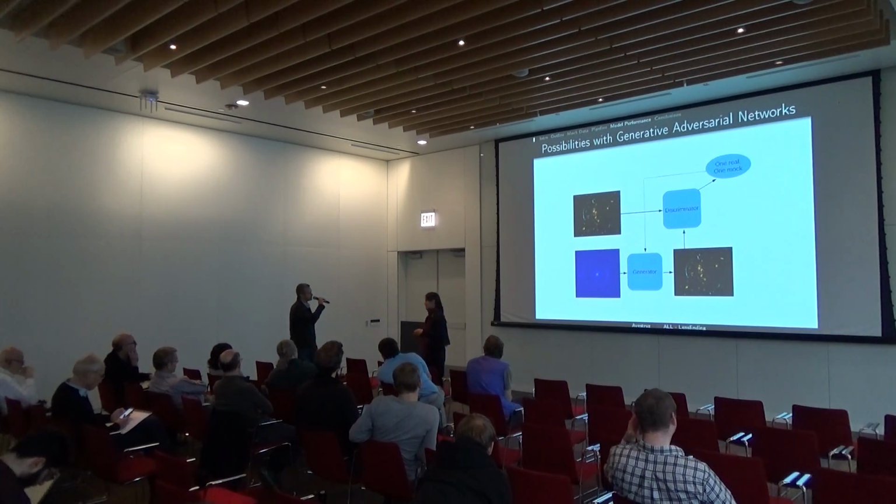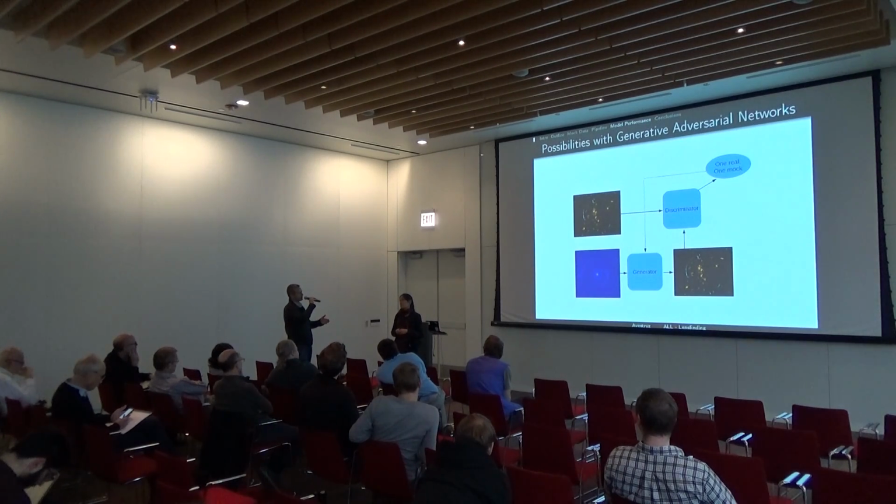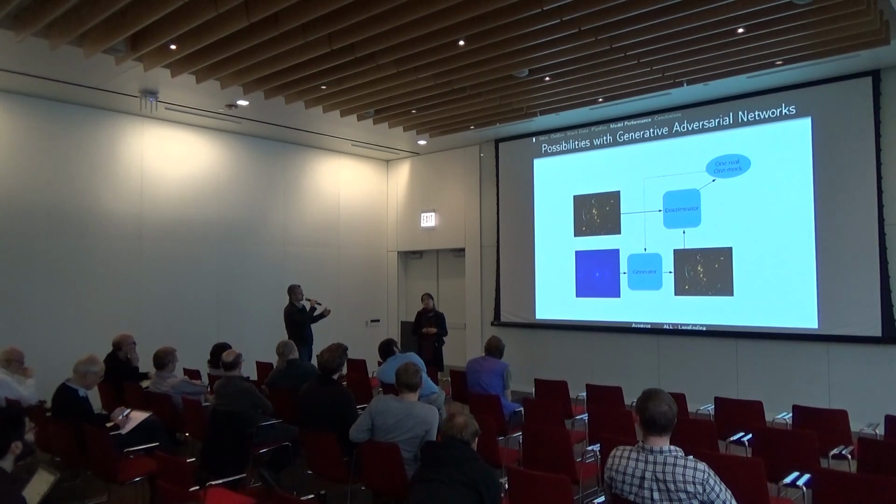It wasn't clear to me, what prevents this generator, if it's pixel by pixel, from converging to exactly the same image?